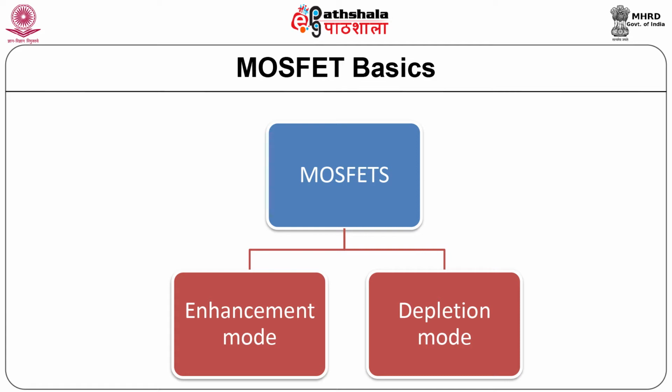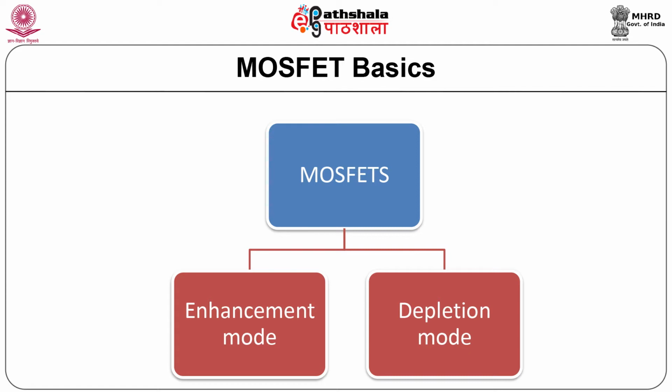As we know, a field effect transistor is made by growing a very thin layer of SiO2, of the order of 0.1 micrometer thickness, over a semiconductor material. A metal such as aluminum is deposited over the dielectric layer of SiO2. This structure is known as the metal oxide semiconductor field effect transistor, or MOSFET.